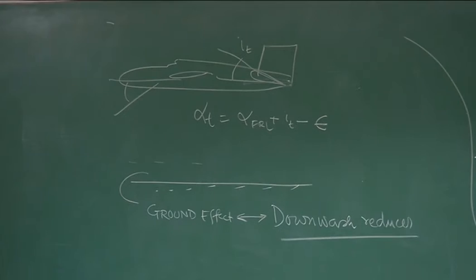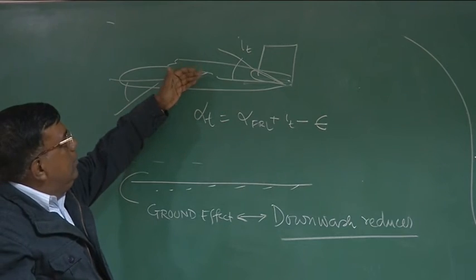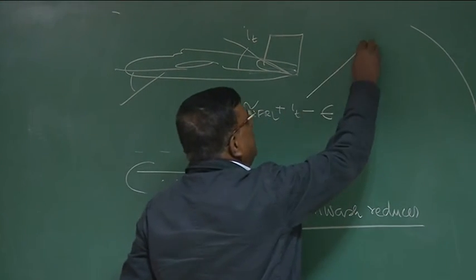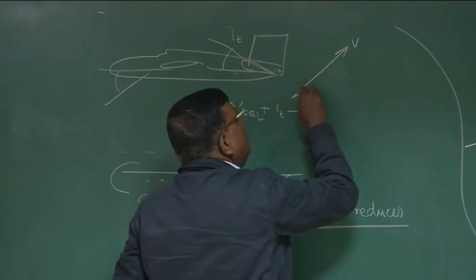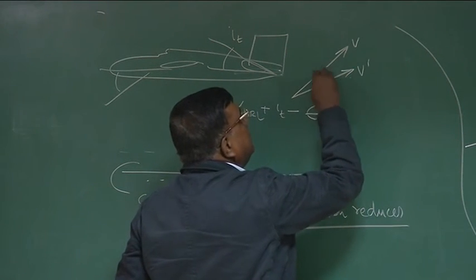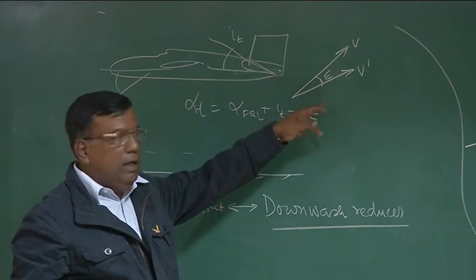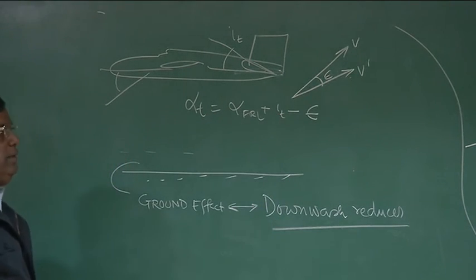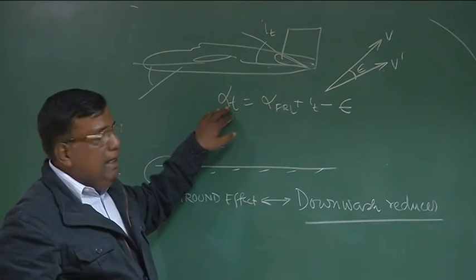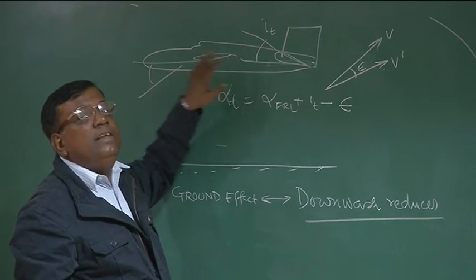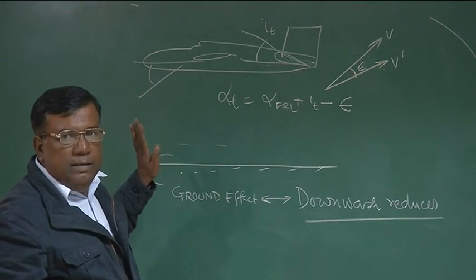Because of wing tip vortices, there will be a downwash component, and if this is the free stream V, then the local V at the tail becomes V prime, tilted downward, and this is the downwash angle. That means, from the flight mechanics point of view, the effective angle of attack at the tail because of downwash is reduced from the free stream angle of attack. That is the only message.